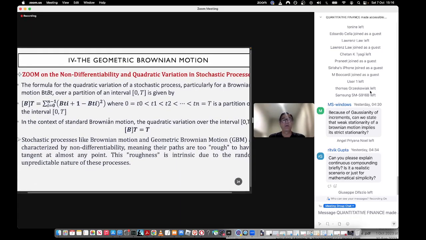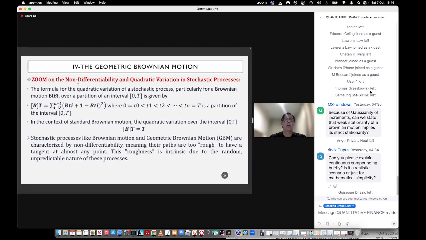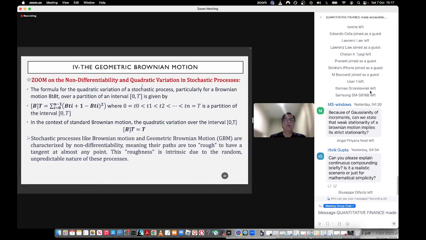I could have mentioned it again. So you see that it's the main feature, that you are now using a model that is a better fit to model stocks.